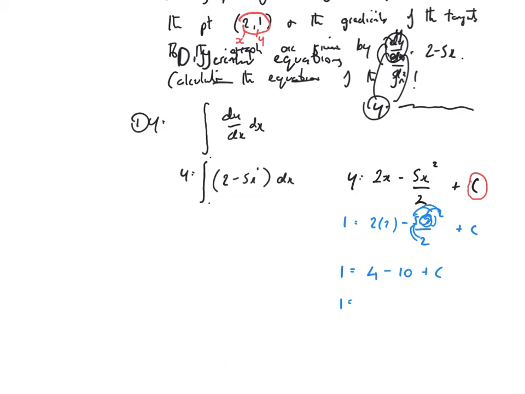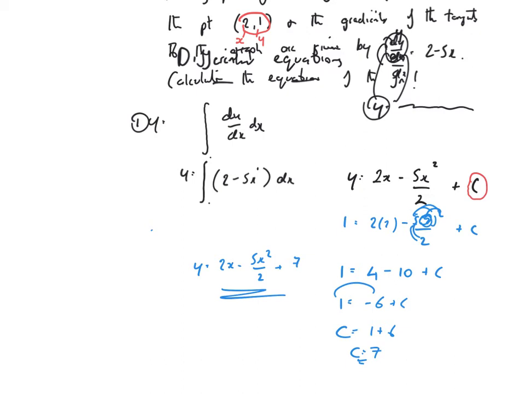So I've got 1 equals minus 6 plus c, and then c is equal to 1 plus 6, so c is equal to 7. So y is equal to 2x minus 5x squared over 2 plus the constant of integration, which is 7.